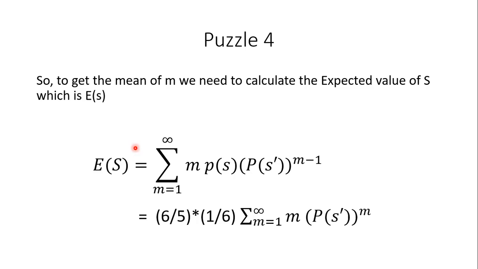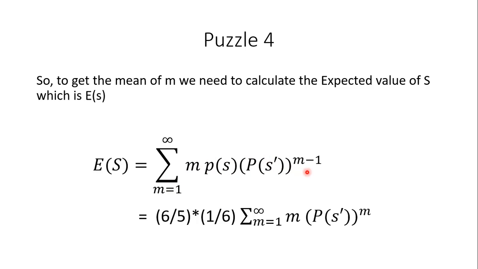In other words, this expected value can be thought of as a generalization of the weighted average of a large number of independent trials. Previously we have seen that P(S) is equal to 1/6 and P(S bar) is equal to 5/6.